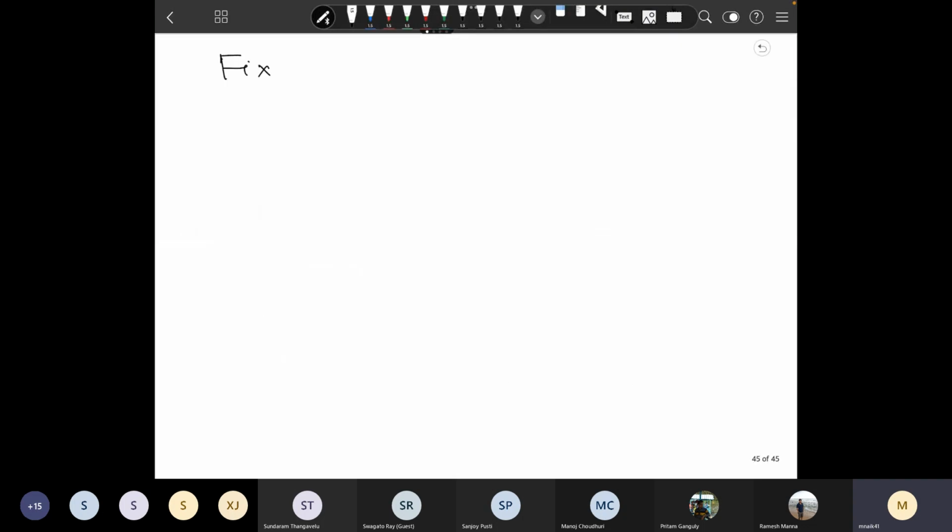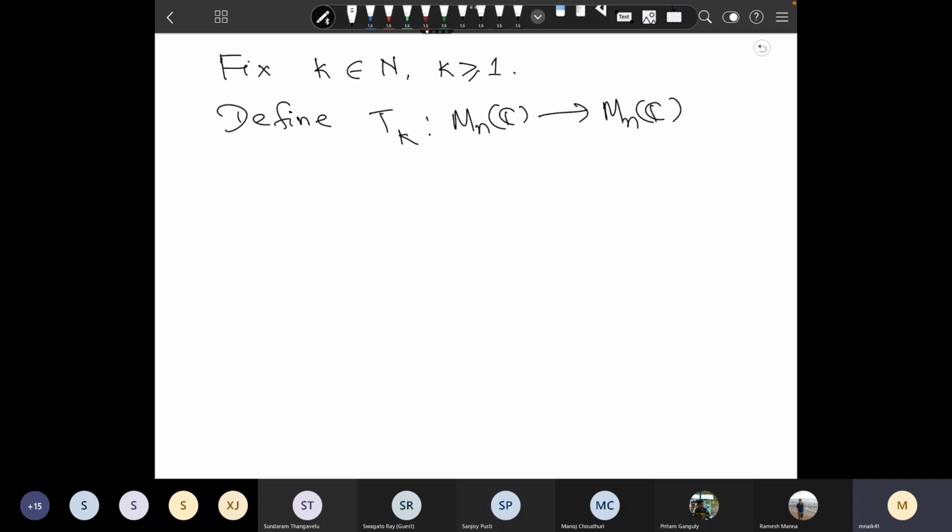Okay. So now I want to fix k belongs to N, and k greater than or equal to 1. I define this Tk from MnC to MnC by Tk of A is equal to A to the power k. Now I will get one corollary from the previous proposition.